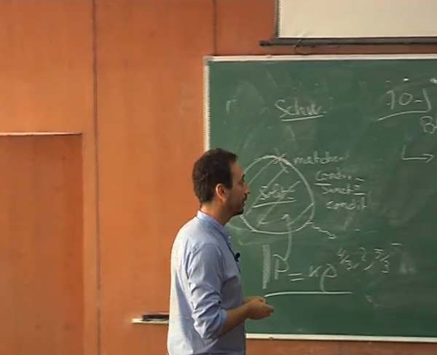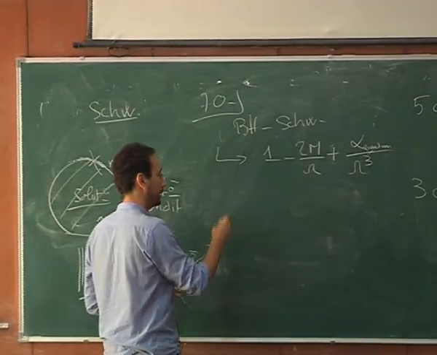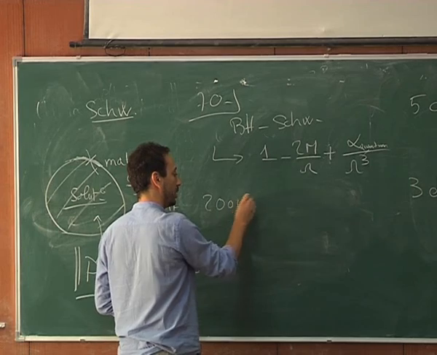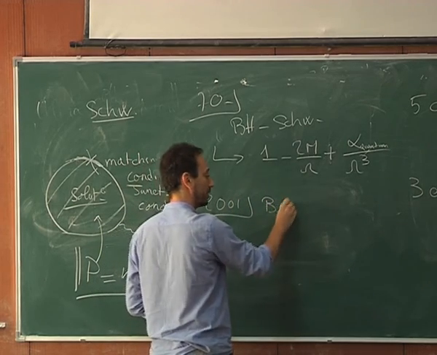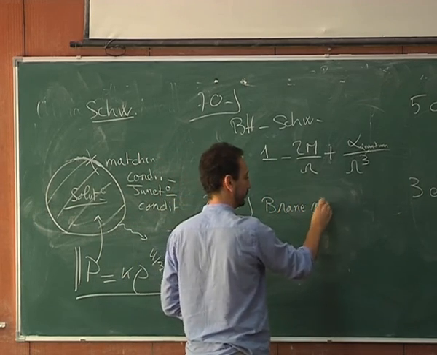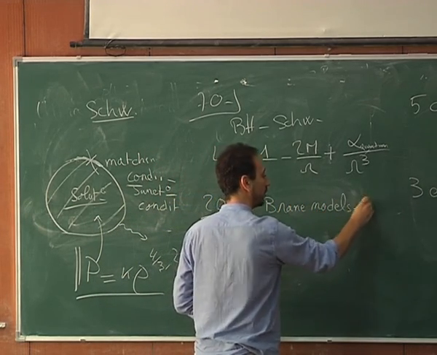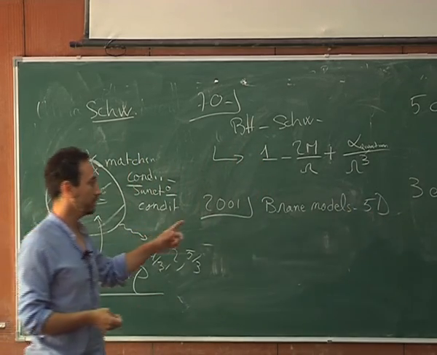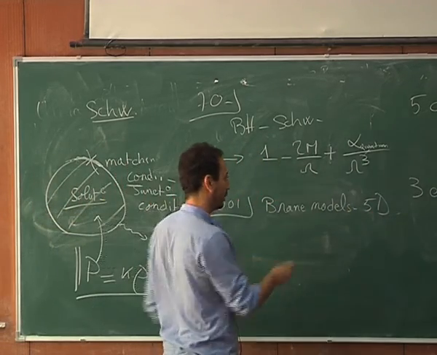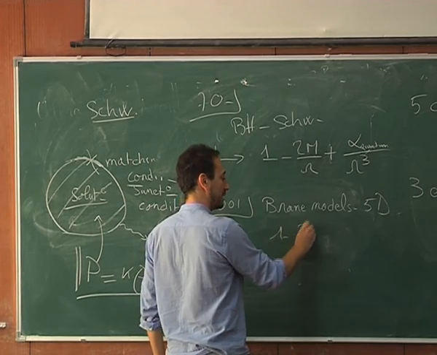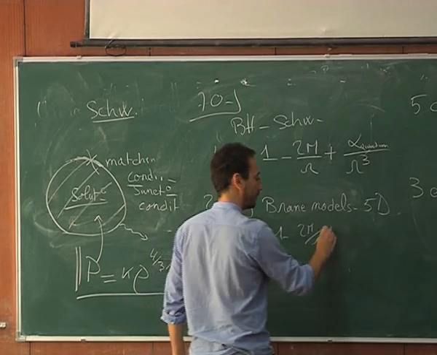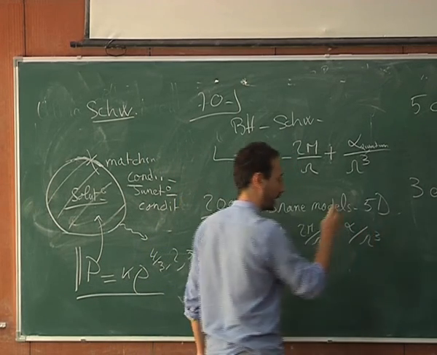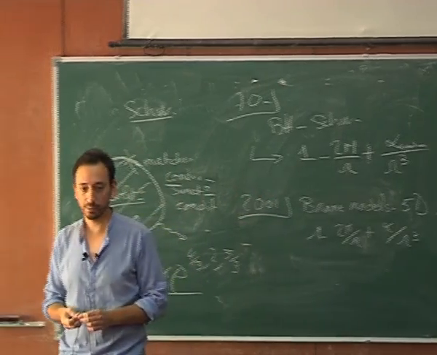And the thing is that in 2001, people started working with brane models. So started working in 5 dimensions. And if you work in brane models, you will find actually that you get something which has exactly the same structure.